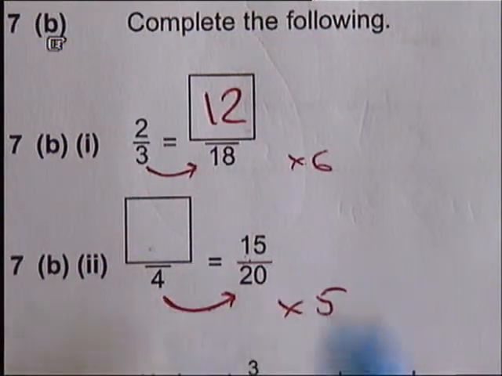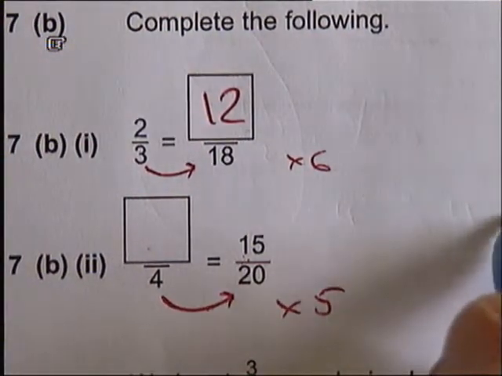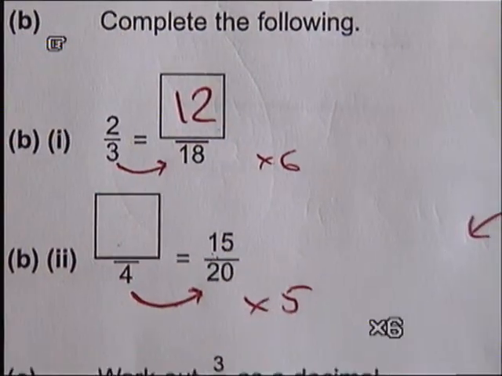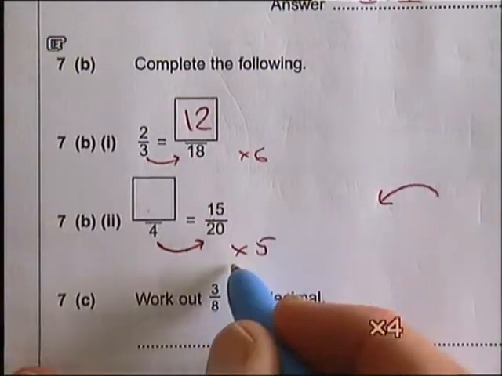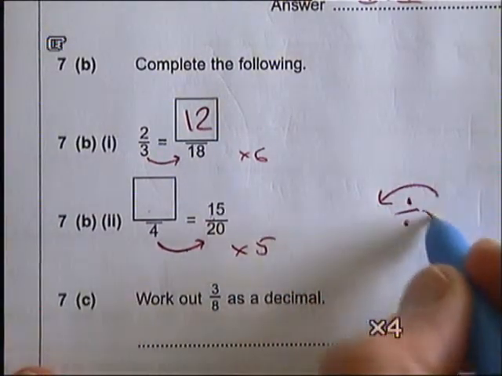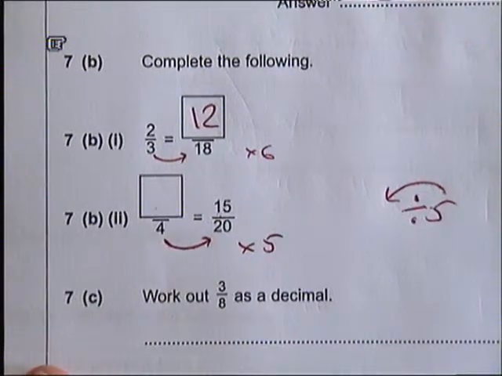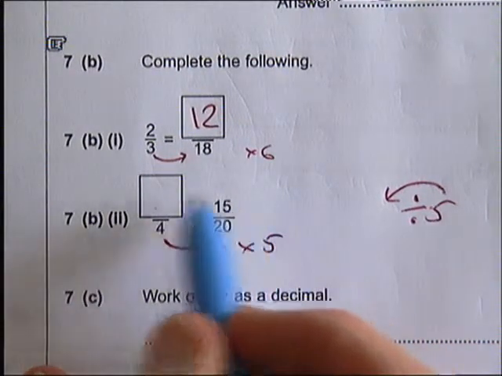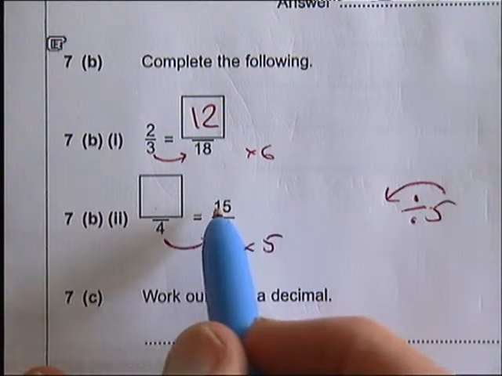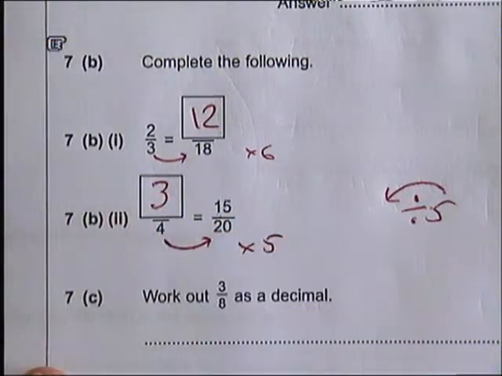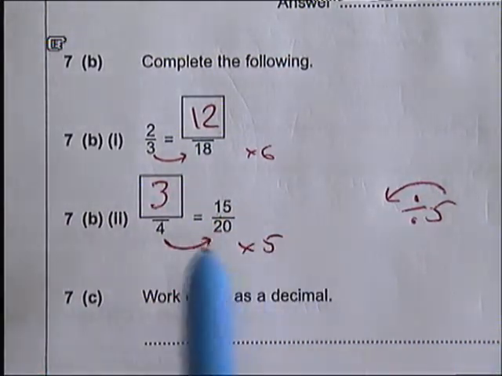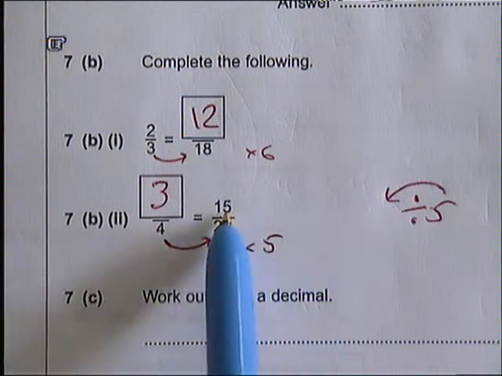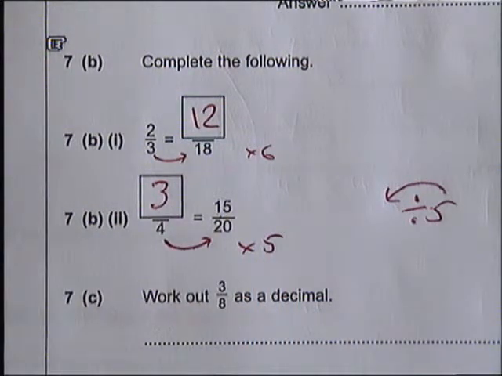So if going left to right has been timesing by 5, going right to left must be the opposite, which is dividing by 5. So 15 divided by 5 is 3, that will be our answer. And we can just check, is 3 times 5 15? Yes it is, so we know we've got that one right.